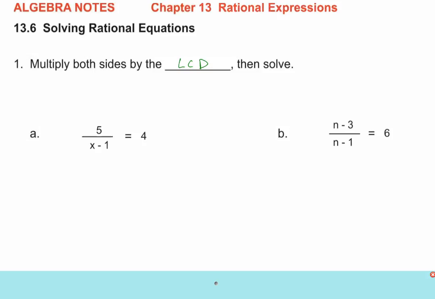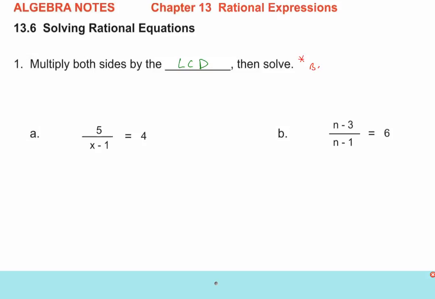Now, there's one other aspect to rational equations. And notice these, there's a variable in the denominator. Therefore, we have to be on the lookout for what? What can't we have? Excluded values.